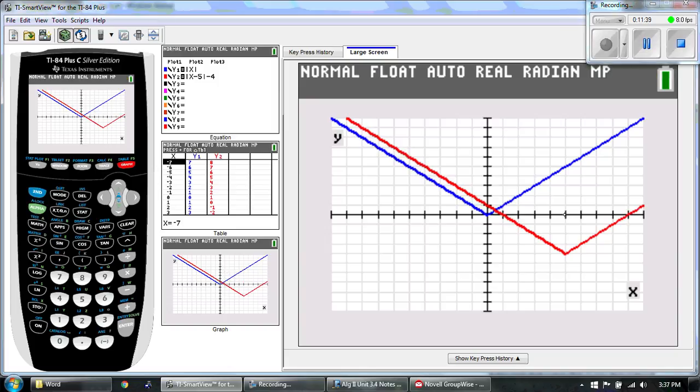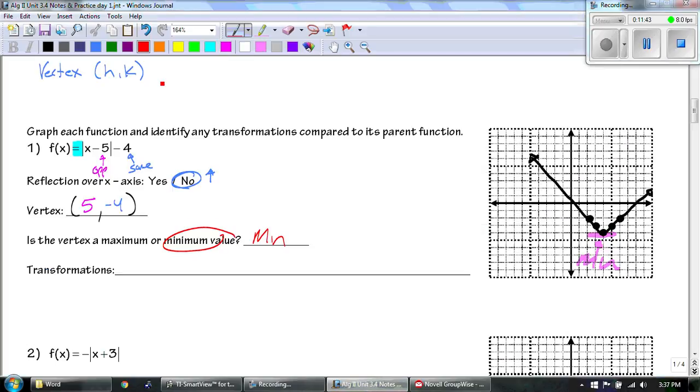It went over 5 and a vertical shift down 4. So we would say that there is a horizontal shift, which was right 5. There was a vertical shift where we went down 4 and there was no reflection, which we don't need to say.